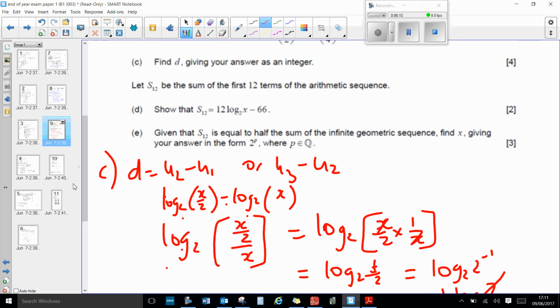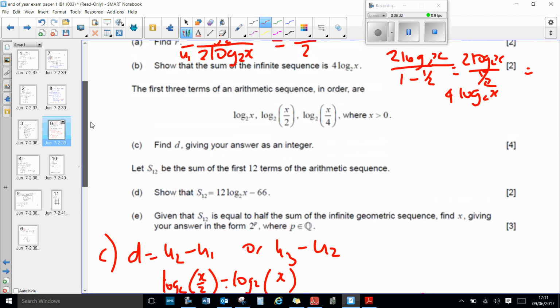And finally, part e, given that S12 is equal to half the sum of the infinite geometric sequence, find x, giving your answer in the form 2 to the power p. So S12, that's this expression here, is equal to half the sum of the infinite geometric sequence.